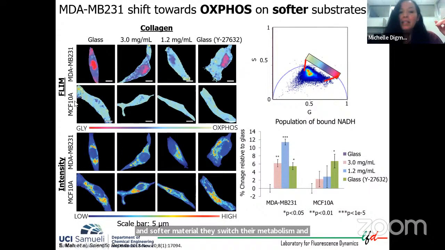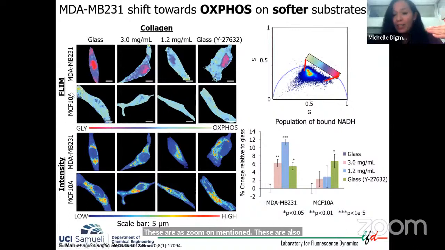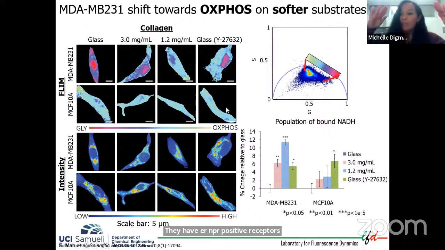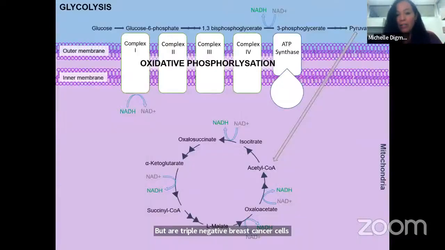In the MCF10A cells, these don't change. As Suman mentioned, these are also tumor cells, but they're not aggressive. They have ER and PR positive receptors, and they don't care whether they're on soft or stiff materials, but our triple negative breast cancer cells do change their metabolism. So they're doing something very unique.